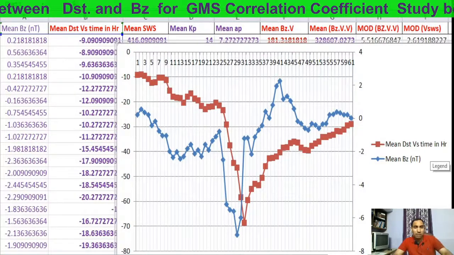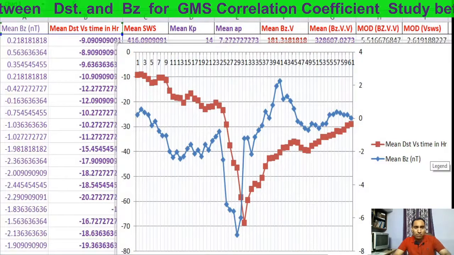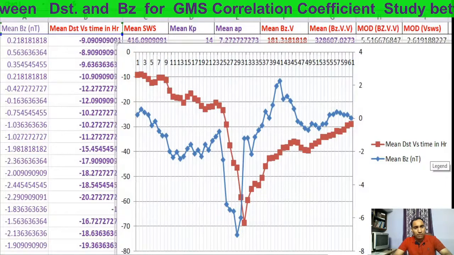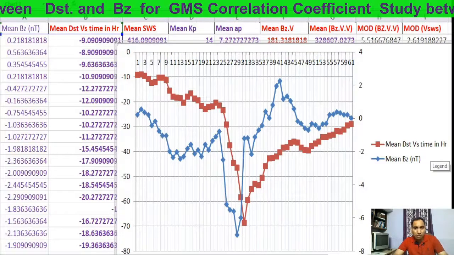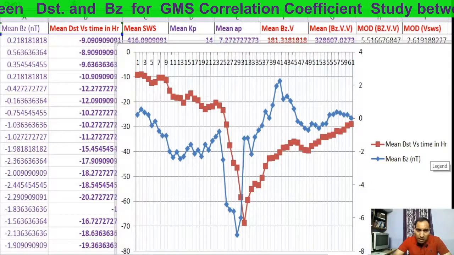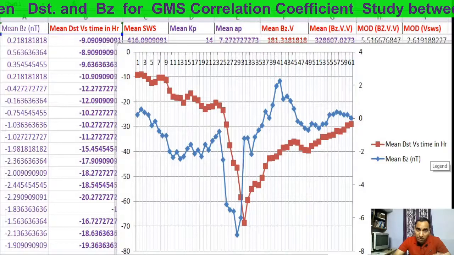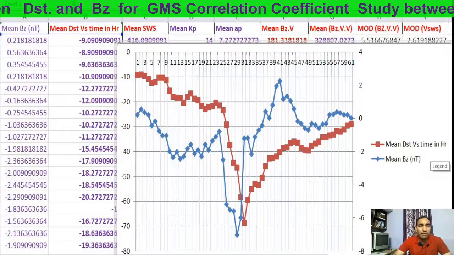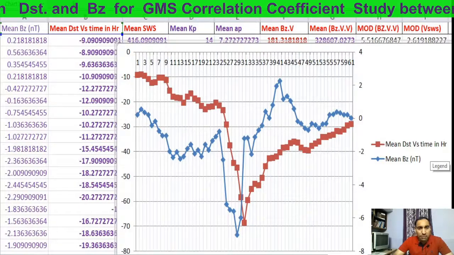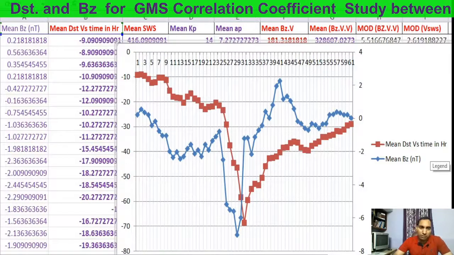So if you look at these two graphs, when Dst goes down, Bz also goes down. When Dst recovers back, Bz also recovers back. That means these two graphs are very much correlated with each other, and they have a strong correlation coefficient between the Dst index and Bz, the southern component of the magnetic field of the geomagnetosphere.